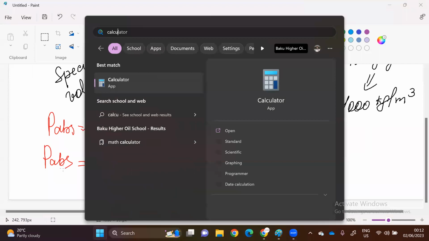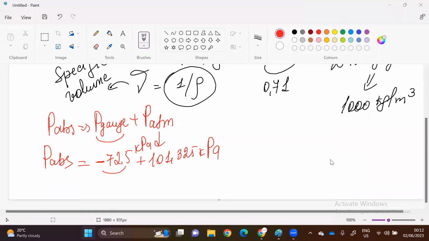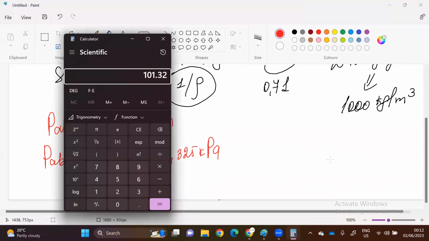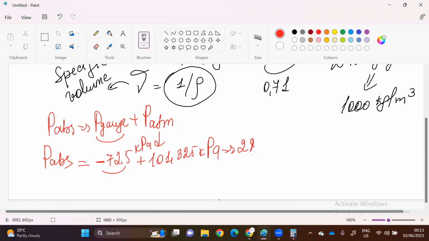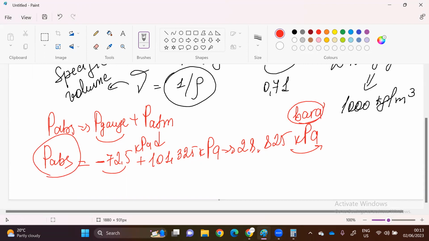So let's open the calculator. 101.325 minus 72.5. Yes, it's 28.825 kilopascal. In the question, the unit was given in a wrong way. It's asked to find it in bar A, bar absolute. If you write bar gauge, it will be wrong because it should be bar A in terms of absolute pressure. Hopefully it's clear.